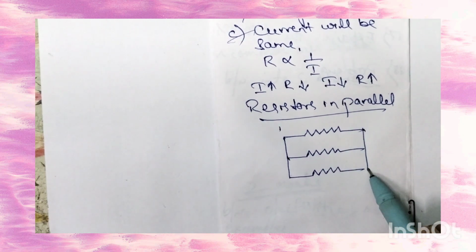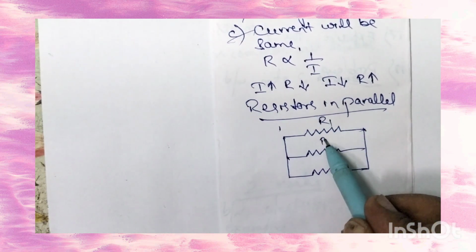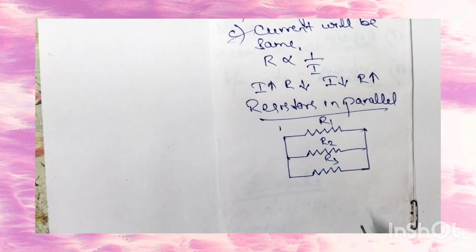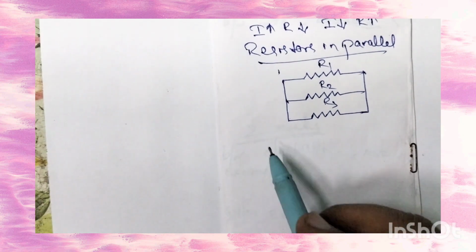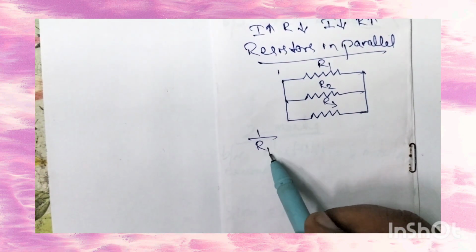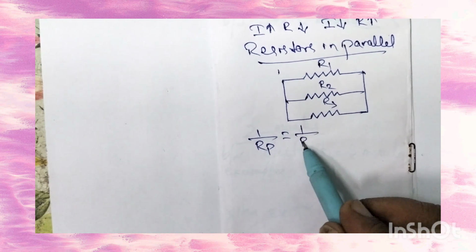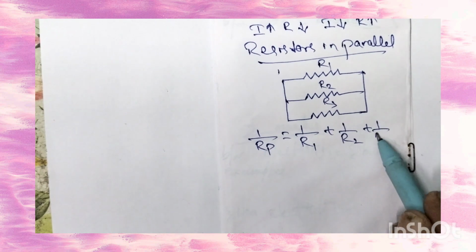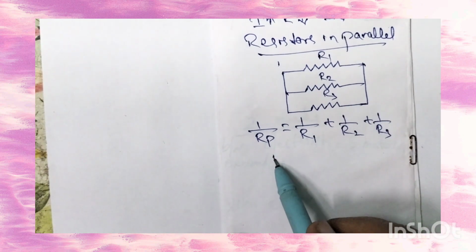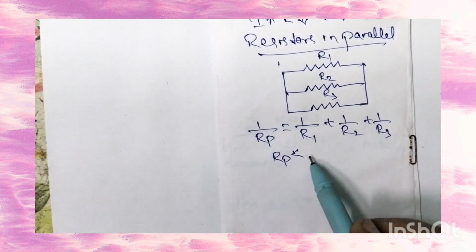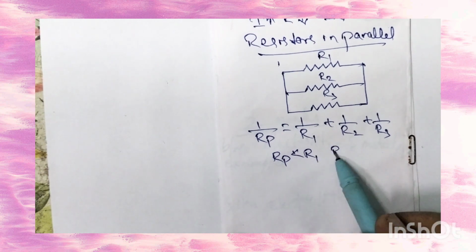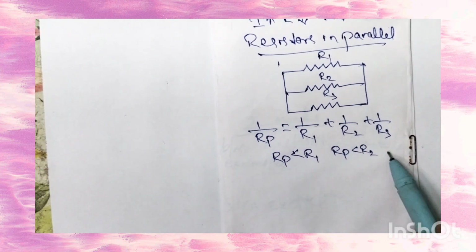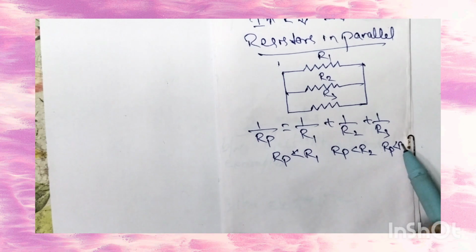All the three resistors are connected in parallel. So 1 over Rp is equal to 1 over R1 plus 1 over R2 plus 1 over R3. That means Rp is less than R1, Rp is less than R2, Rp is less than R3.